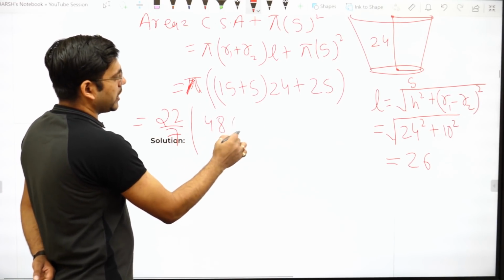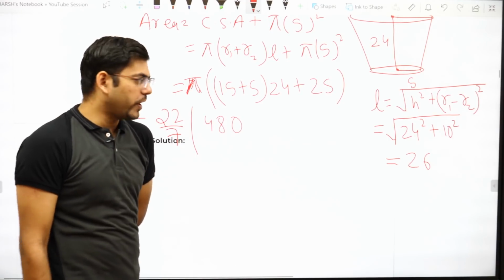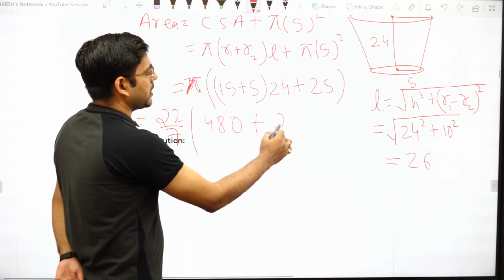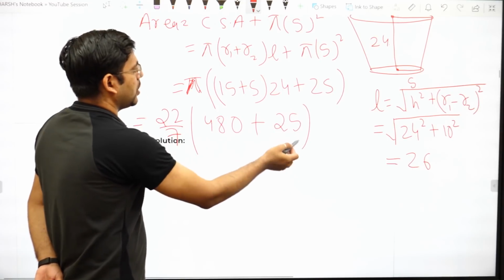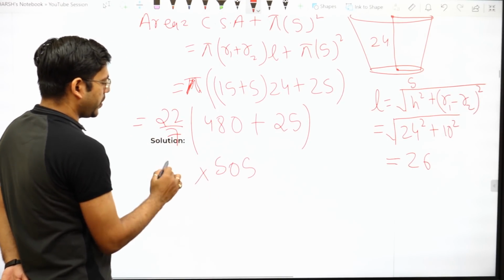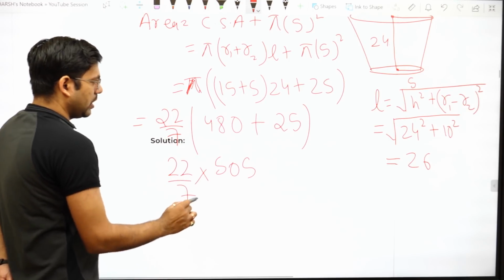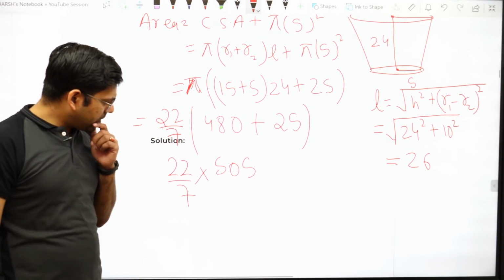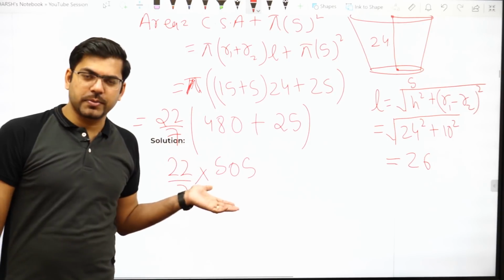So that is 520, plus 5 square, that is 25, and adding both of them I'll be getting 545 into 22 by 7. I guess it would not be divisible, but it's okay.